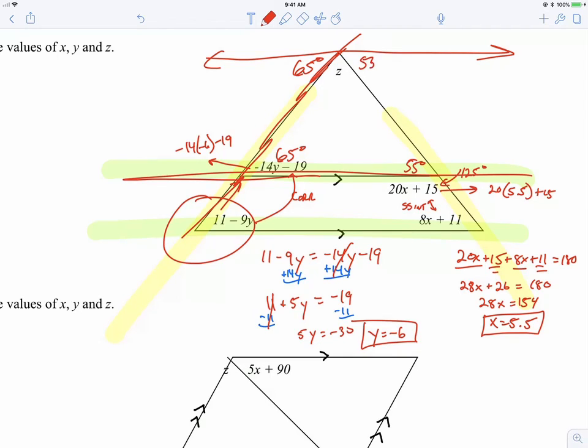Same thing over here. That is 55 because I've got alternate interiors here. So I know that these three angles together have to sum to 180. So I go 180 minus 55 minus 65, and we get 60 degrees. So Z equals 60 degrees.